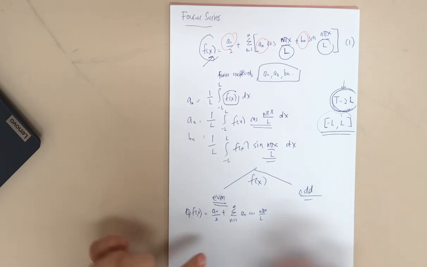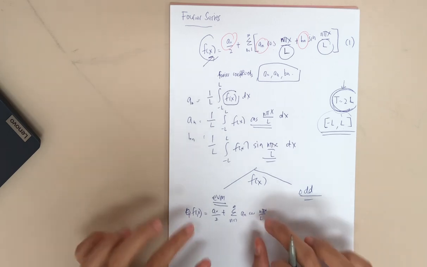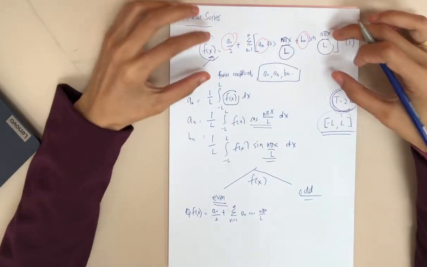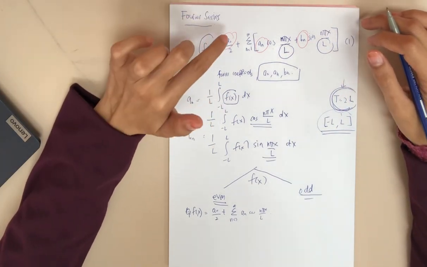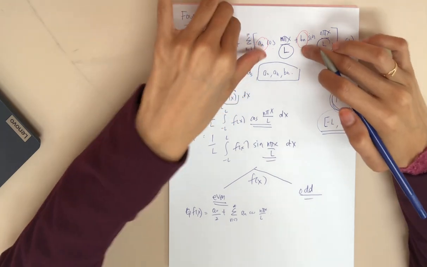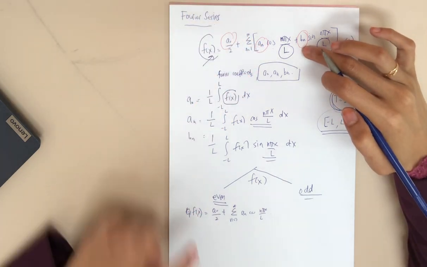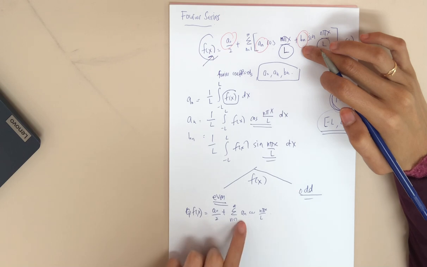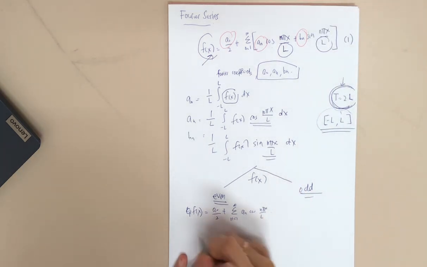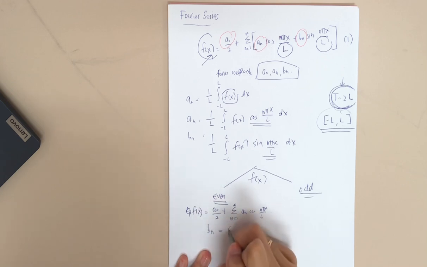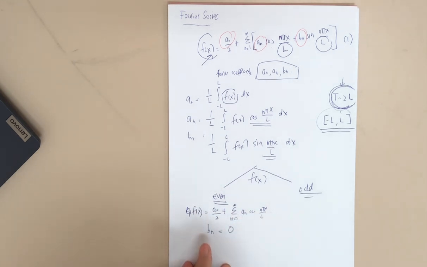Actually we derive it from the general one. From the general one, we have three coefficients, A0, an, bn. But for an even function, you just have a0 and an. So there is no bn, because for even, the Fourier coefficient bn is equal to 0.